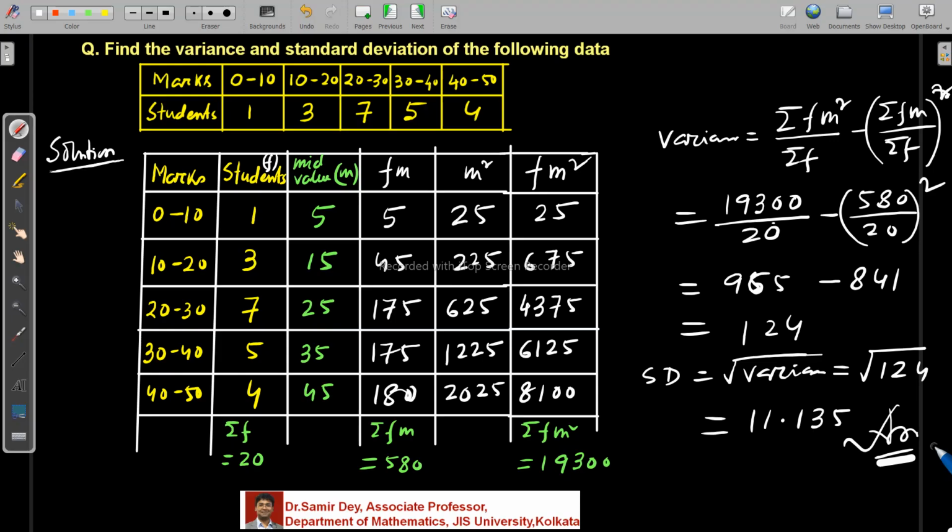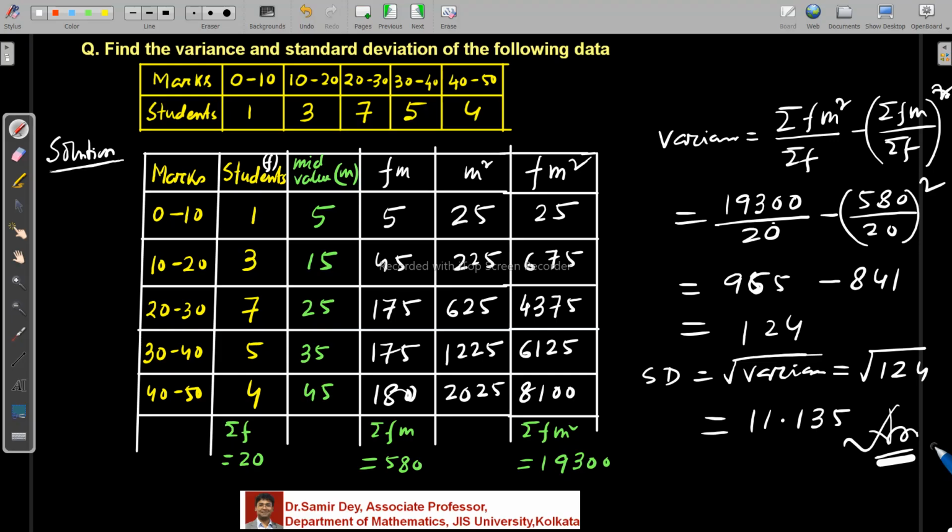So total statistical data can be classified into three types. One is individual data, second is individual data with frequency, and third is group data with frequency. If I have group data, before starting any solution of a question, first you have to make sure that your interval is continuous type, meaning there is no break.